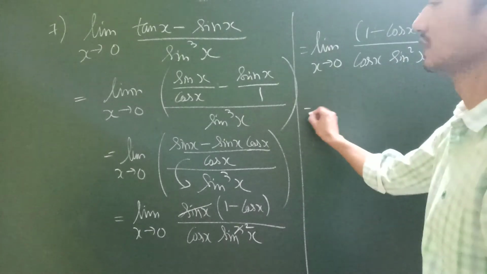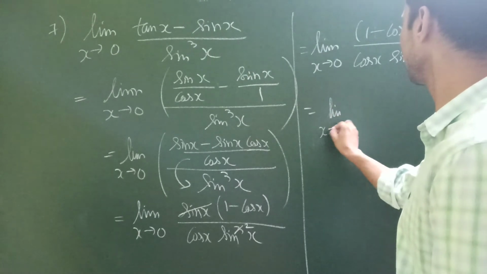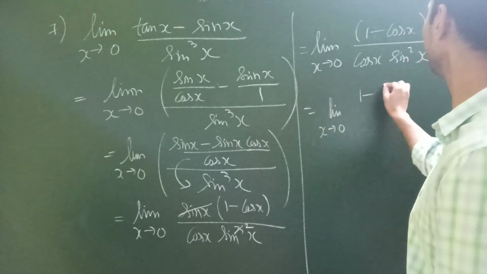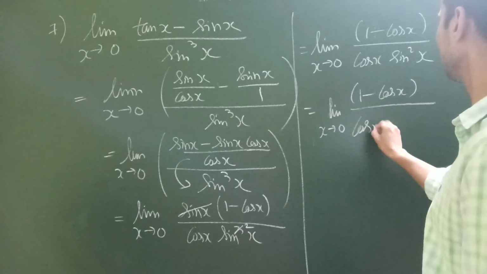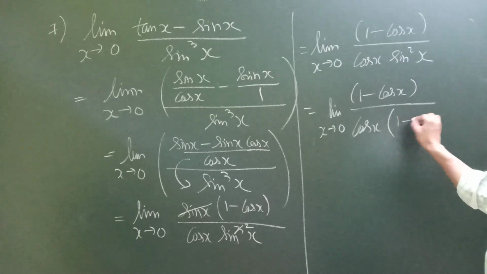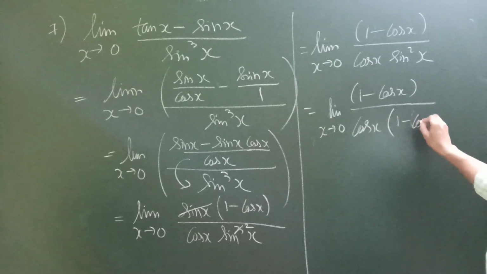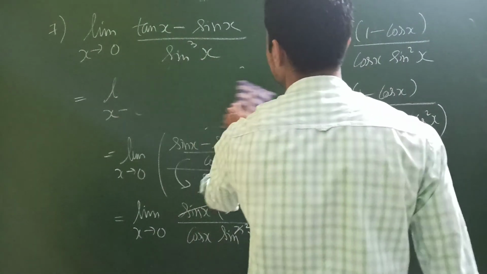Alright, so that's going to be limit x tends to 0, 1 minus cos x upon cos x. Now from class 10 trigonometry, sine square x, we know we can also write it as 1 minus cos square x, from trigonometric identities.